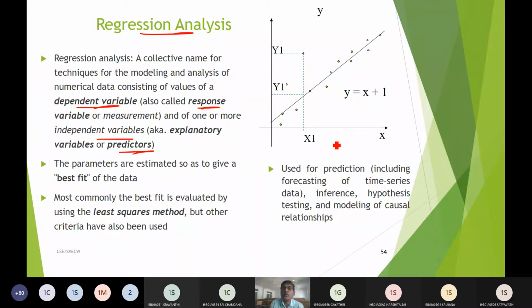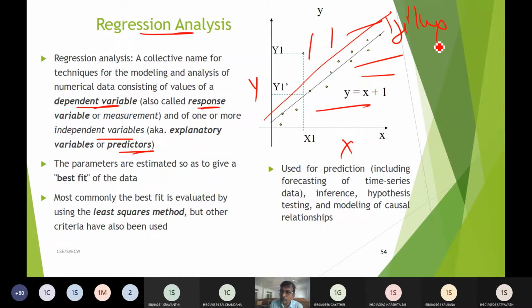So we are going to draw a line, and it can be anywhere in the zone between the y-axis and x-axis. But we need to draw a line which is fitting between the data points, between the objects we are going to take.